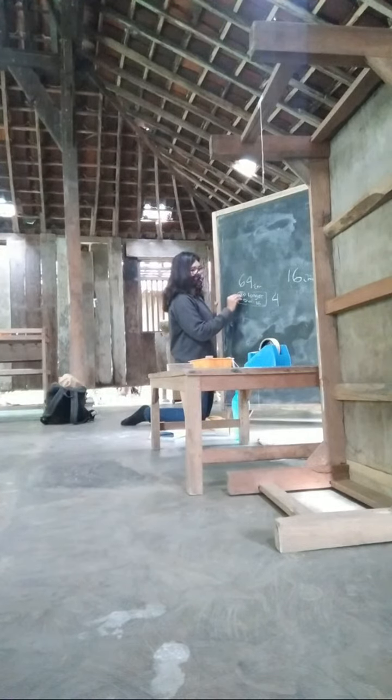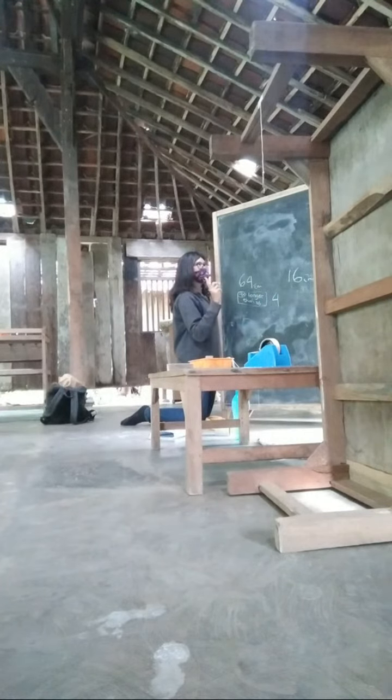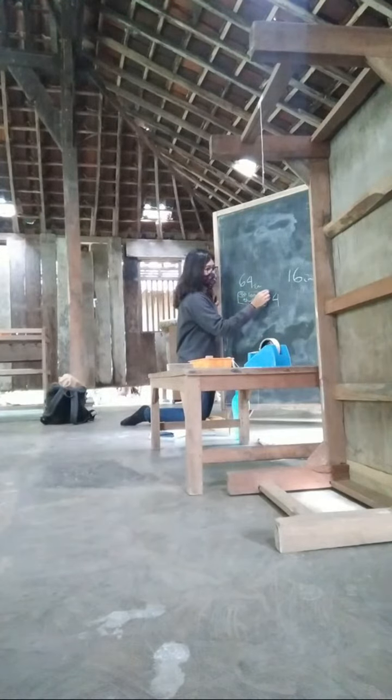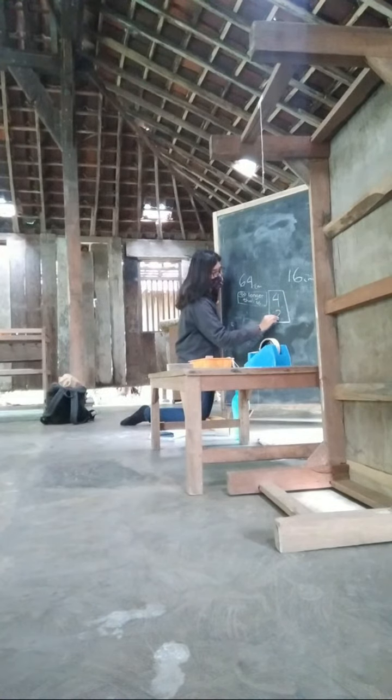Okay, we have 4 for the key. What times what equals 4? 4 times what? 1? No? The same number. What times what equals 4? 2 times 2. Yeah, so write 2 here. And this is for the next one, for the swing, faster or slower.